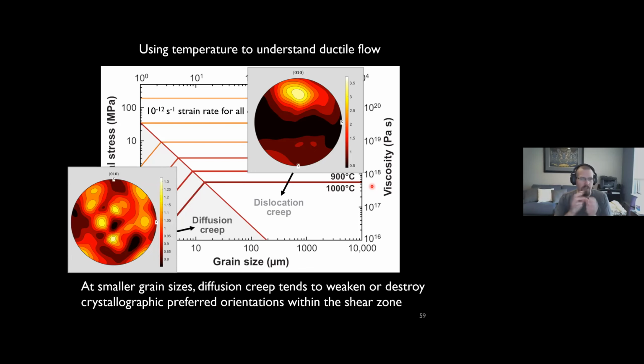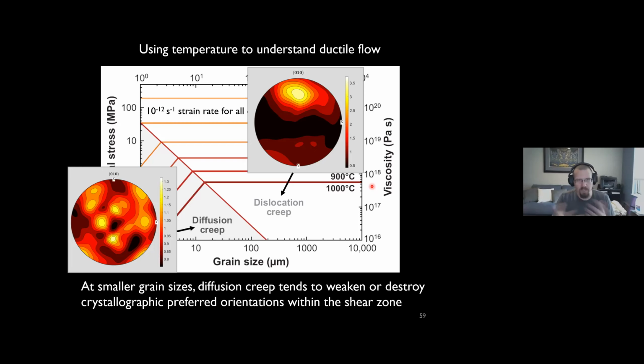You tend to get more grain-grain mixing, and so they prevent each other from growing. You can be deforming at nearly the same temperature and nearly the same strain rate, and one rock will produce a really nice, strong preferred orientation. Another rock will give you total garbage orientations, because it's right on this line of these deformation behaviors.